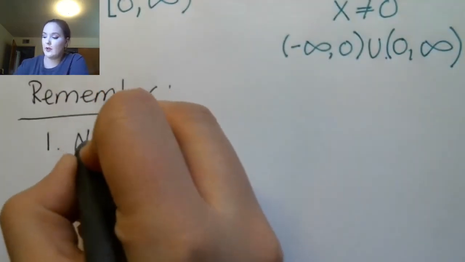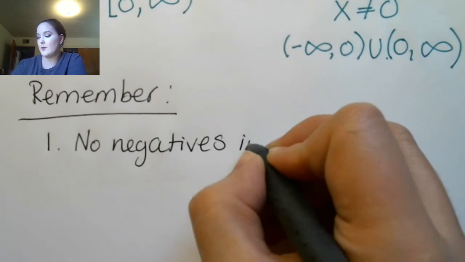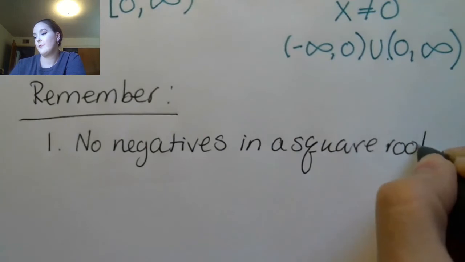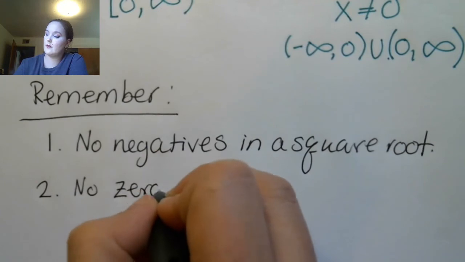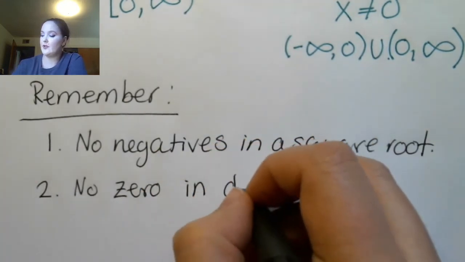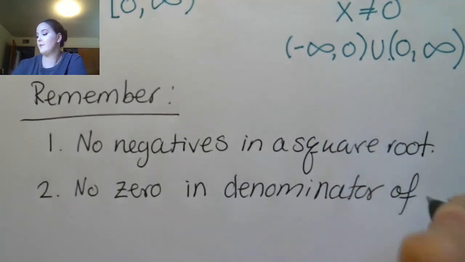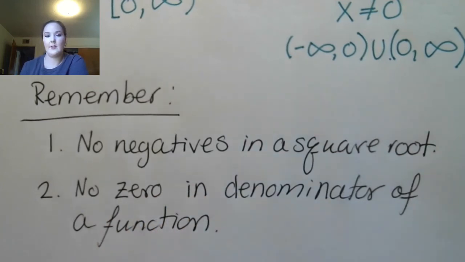You would want no negatives in a square root, and no zeros in the denominator of a function. So these are our two main rules that we're going to use. Let's look at, like I said, some more complicated examples of this.